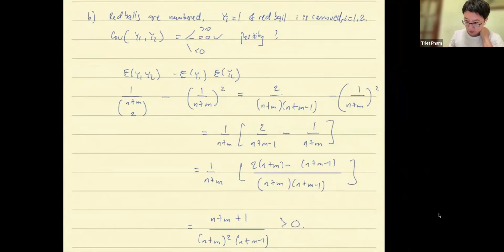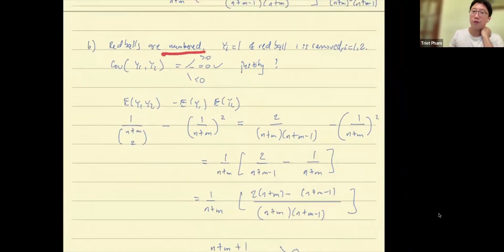Again, it probably has to do with the balls being removed without replacement. So if ball i is removed, if the first red ball is removed, then purely it will not change the number of red balls remaining.